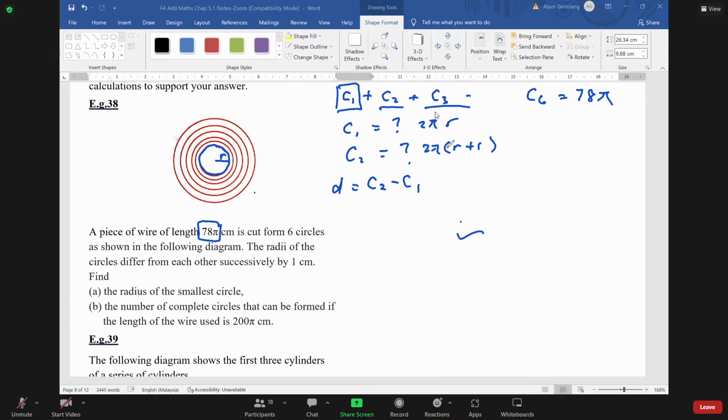Okay, so what is the radius of the smallest circle?